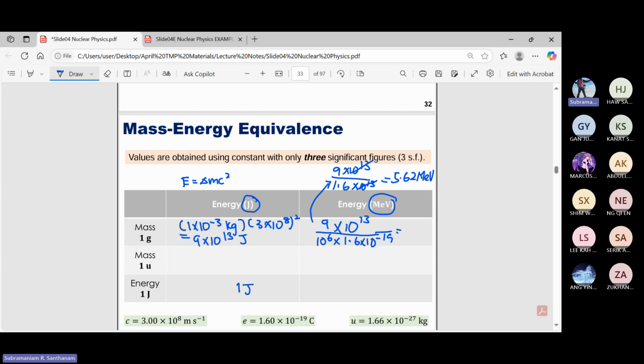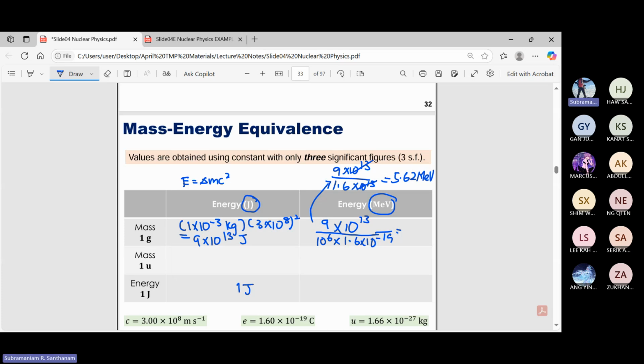So this is how you convert from MeV to joule, joule to MeV. MeV to joule you multiply, joule to MeV you need to divide. Here you can see we have done the dividing to change from joule to MeV. Any question? In between, I did mention electron volt.